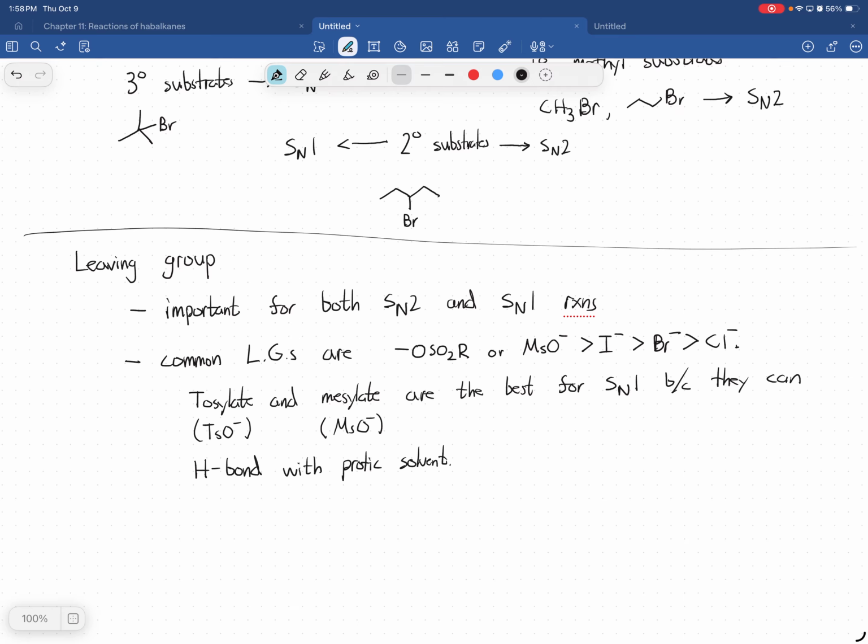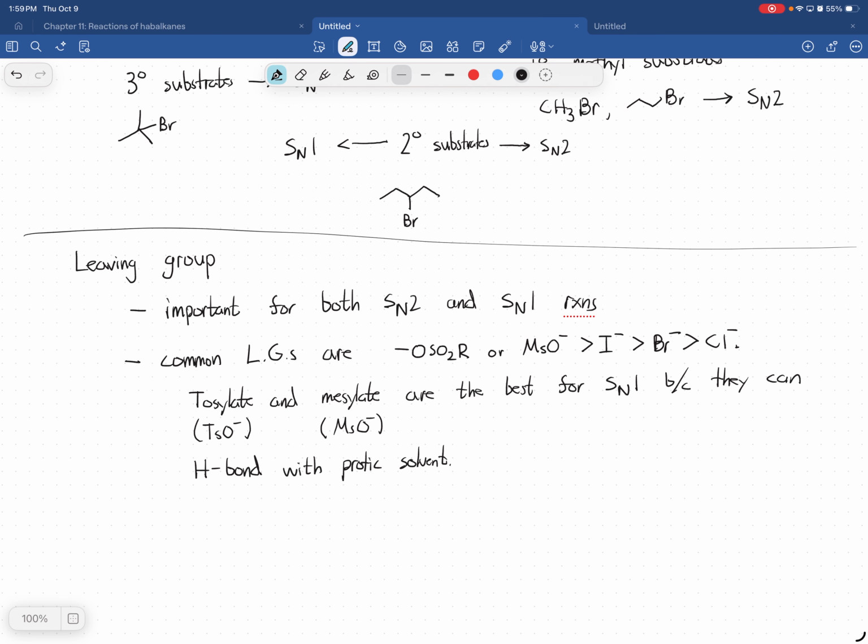So we don't have to worry about the nucleophile now, because the nucleophile can be weak. The nucleophile is less important here. What's important is forming this carbocation. If you can solvate the leaving group better with polar protic solvents, you break that bond faster.